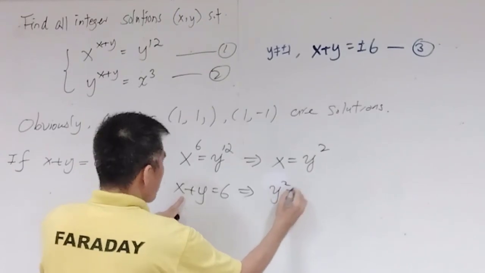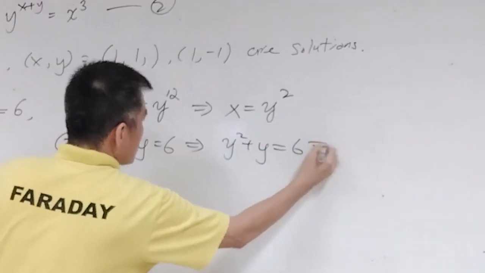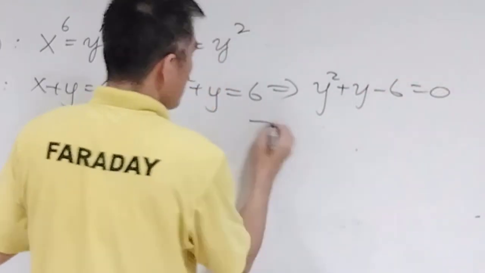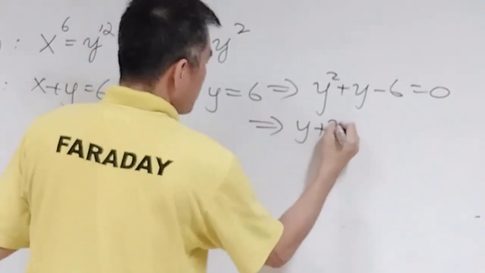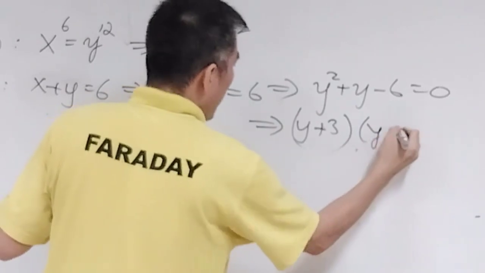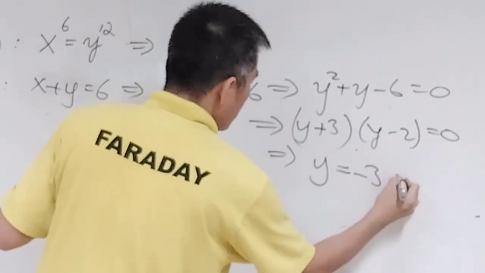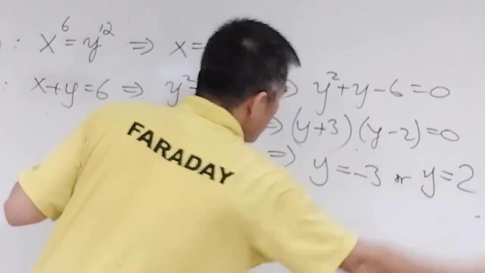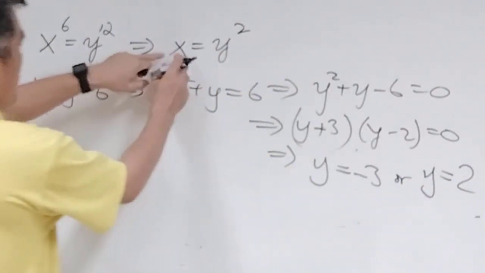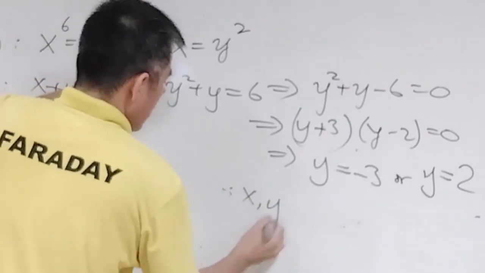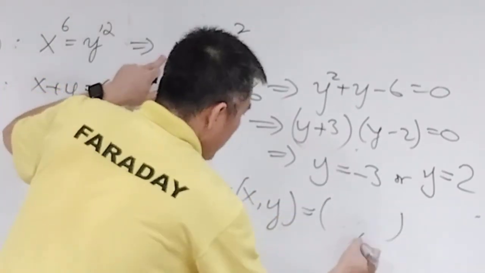So y squared plus y equals 6. y squared plus y minus 6 equals 0. Solve the equation: y plus 3, y minus 2 equals 0. And y equals negative 3 or y equals 2. Because x equals y squared, we have the corresponding values.